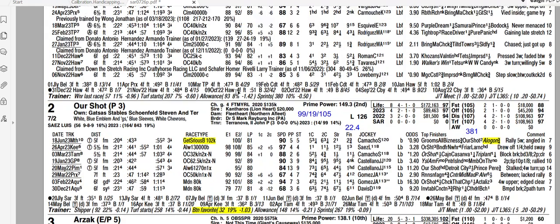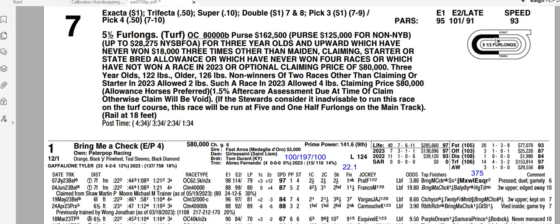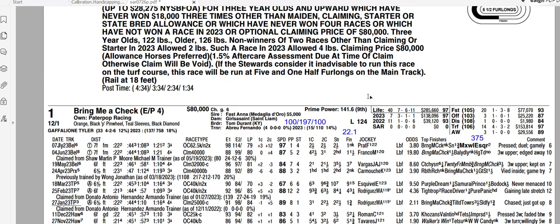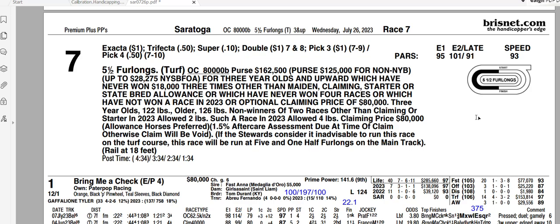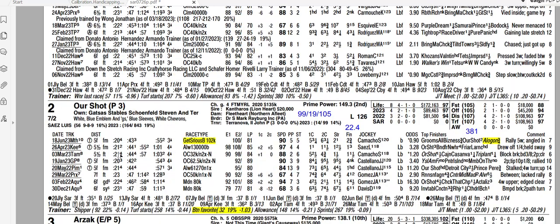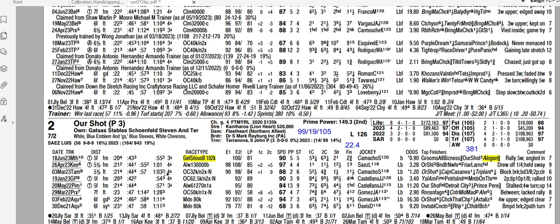And what I did was I took points off because I was comparing them to a 5.5 furlong race. So if something came out to 100, I gave it a 97 if it was a 5 furlong. If it was a 5.5, I used 102 as my standard. I kept it as is. So as you can see from this race, this was a 55 and 2.